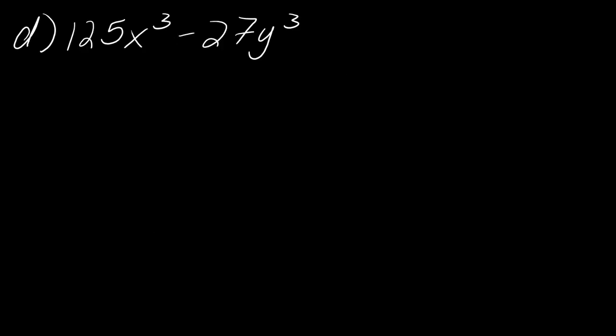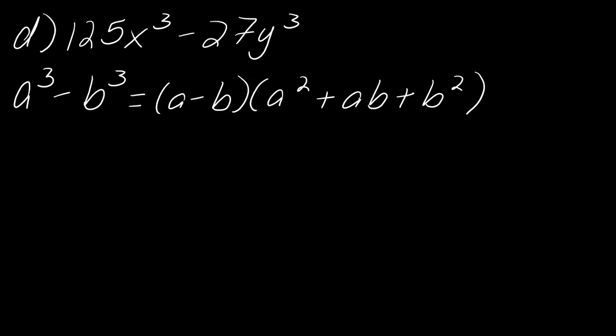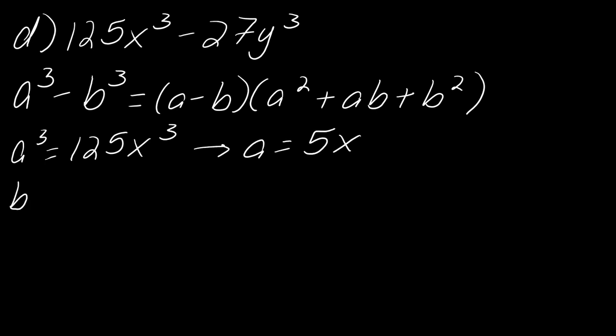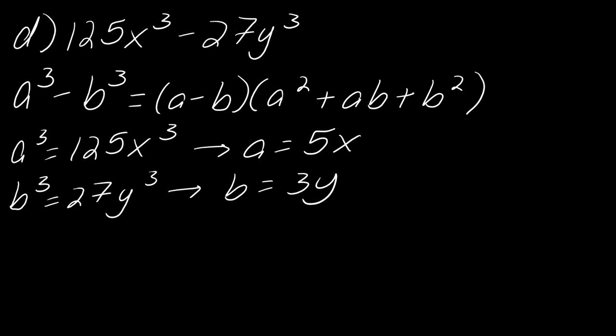Okay, and so I've got just one more in the same vein. So again, I'll write that formula down. And once again, I'd say pause, give it a try, hit play when you're ready. So in my a cubed spot, I have 125x cubed. So that means that my a will equal 5x. And in my b cubed spot, I have 27y cubed. So my b is going to be 3y.